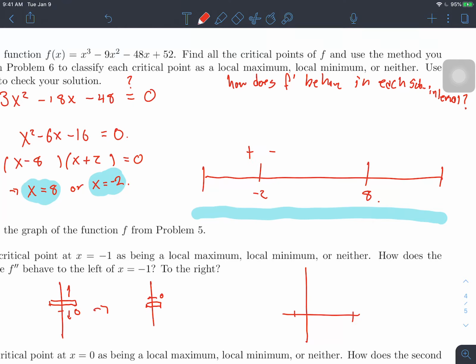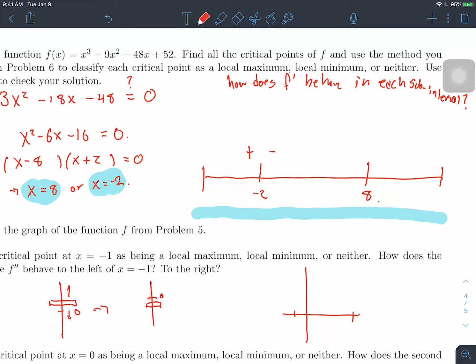That would indicate a maximum at -2, or if it went from negative to positive at 8, that would indicate a minimum at that critical point. So that's why I'm writing down this number line, to try to identify how the sign of f prime is behaving. We call this the first derivative test.